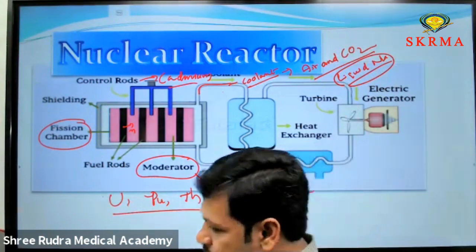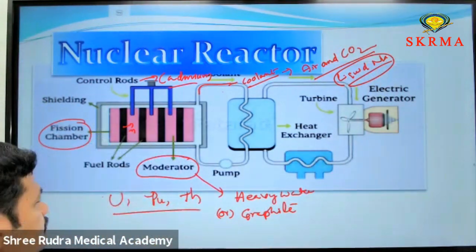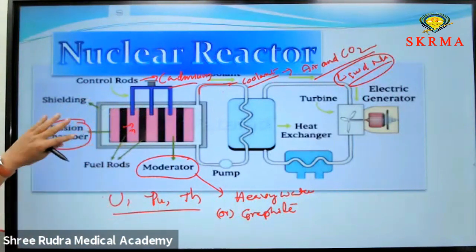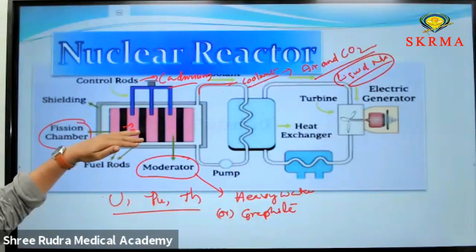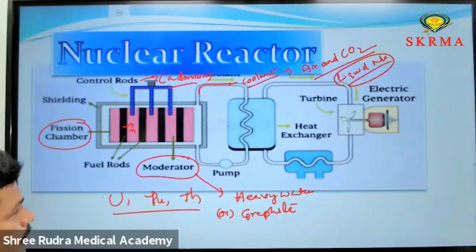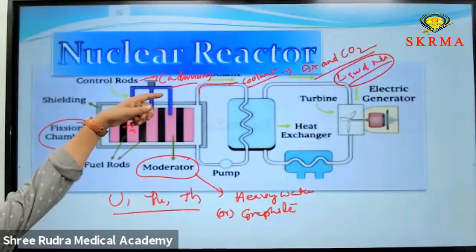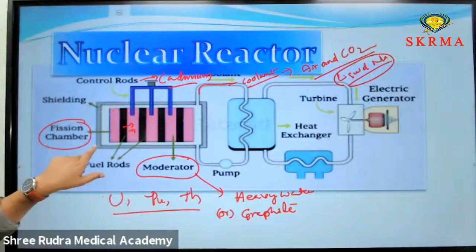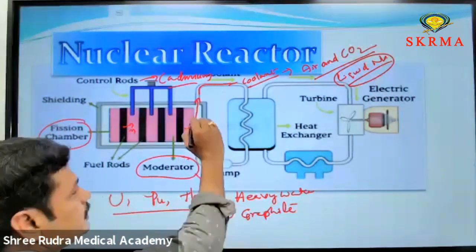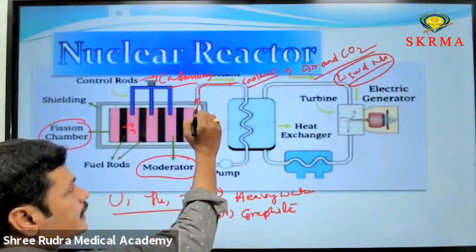The basic process in this nuclear reactor is that whenever nuclear fission takes place in the fission chamber, a huge amount of energy is released. If it is uncontrolled, it acts like an atom bomb. If it is controlled, it is a nuclear reactor. The total energy is passed to the coolant, which gets warm.